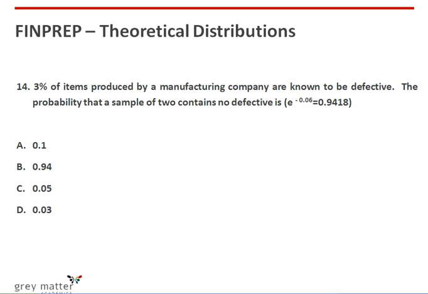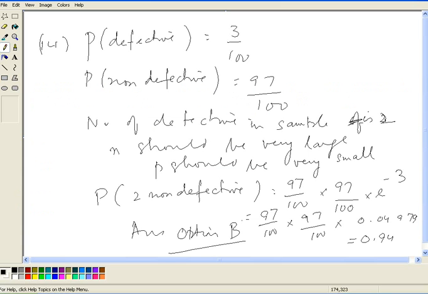14th question. 3% of items produced by a manufacturing company are known to be defective. The probability that a sample of 2 contains no defective is, actually this is e power minus 3 equal to 0.9418. Now going to the work area, defective is 3 by 100, so non-defective is 97 by 100.